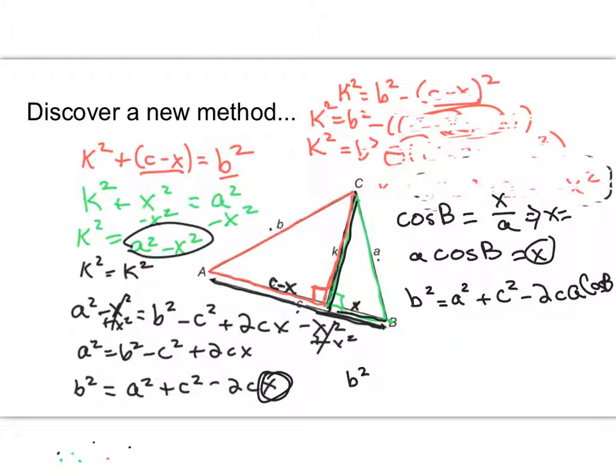So b squared equals a squared plus c squared minus 2. I'm going to put the a first because I like to put things in alphabetical order. So b squared equals a squared plus c squared minus 2 times a times c times the cosine of b. And that is the law of cosines.